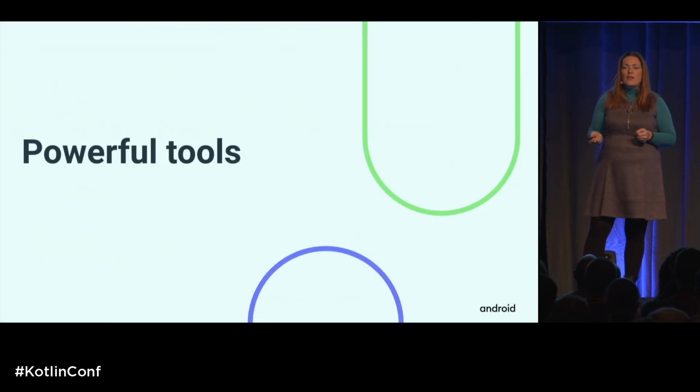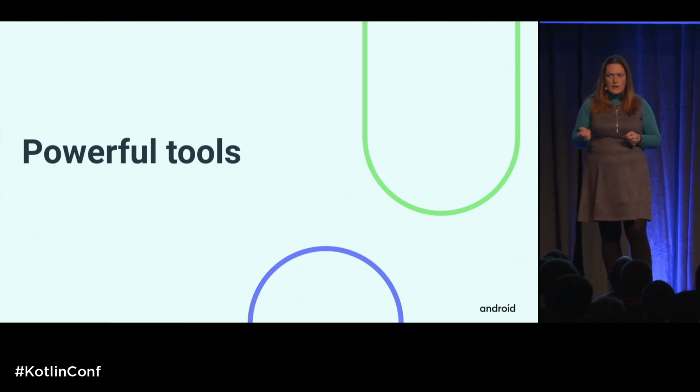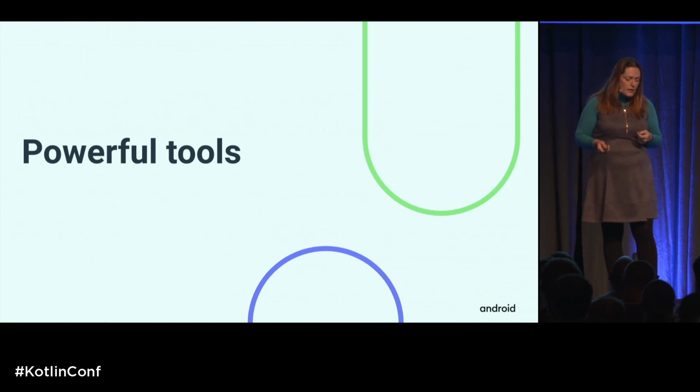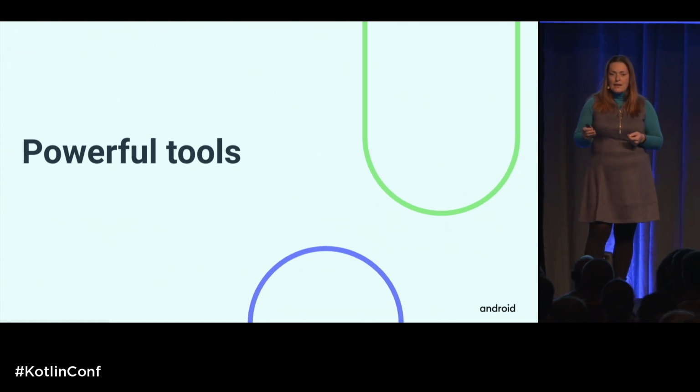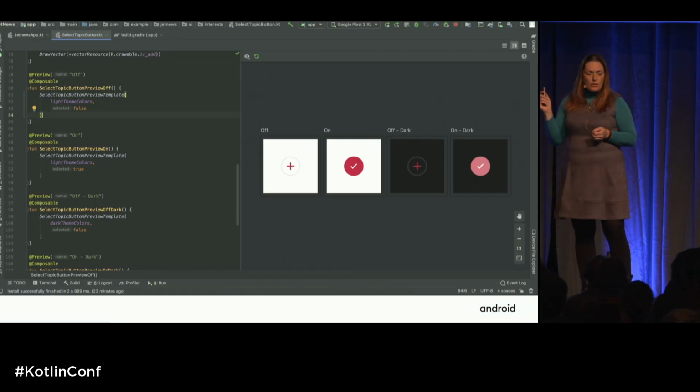We also know something else. We know that a UI toolkit without the right tools is useless to you. It's not a good experience for you. That's why even if Compose is still in a very early stage, we started from the very beginning working with the Android Studio team to make sure that as we build Compose, we also build the tools that you will need to use it. Well, let me give you an example.